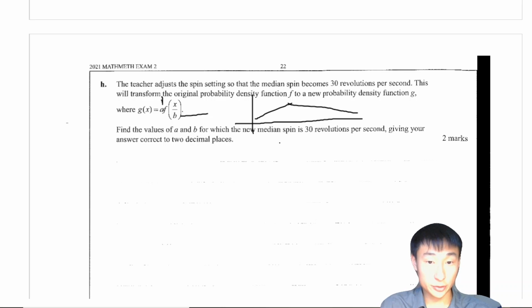Find the values of A, B, for which the new median spin is 30 revolutions per second. So if this is to be 30, how should I do this?